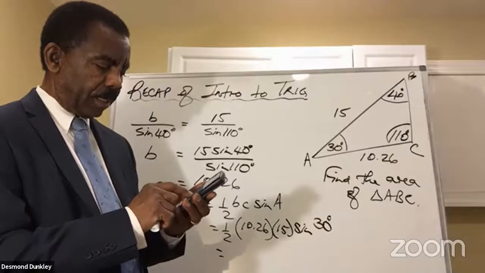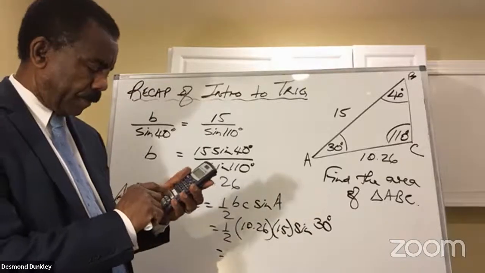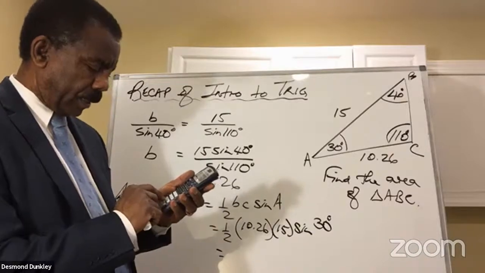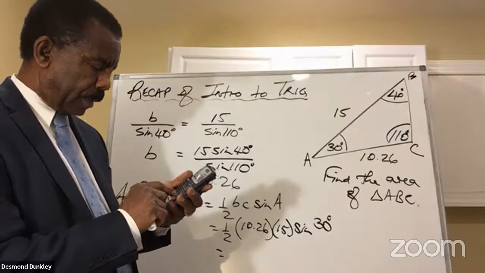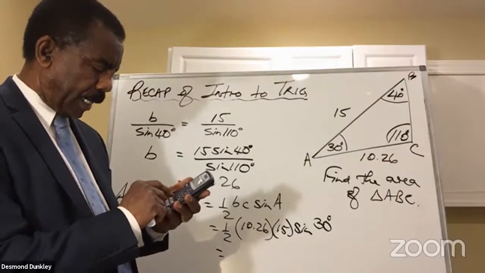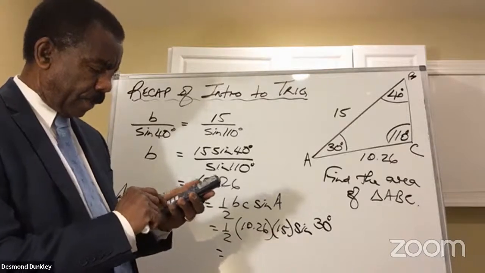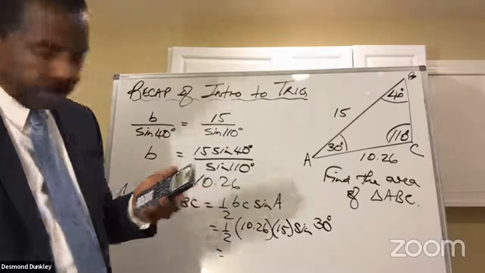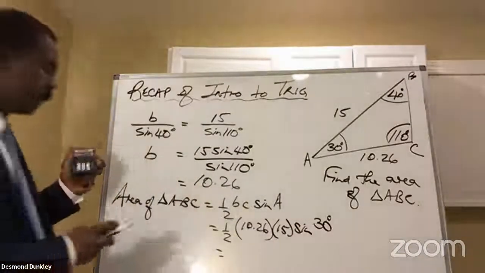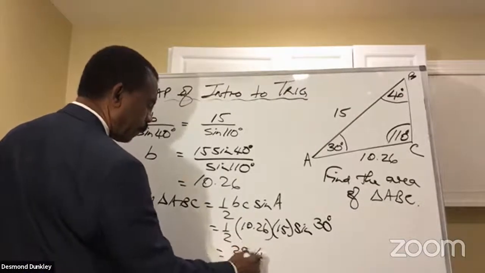So it's 0.5 times 10.26 times 15 times sine 30, and that works out to be approximately 38.475.